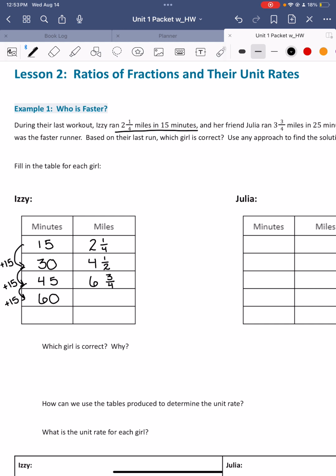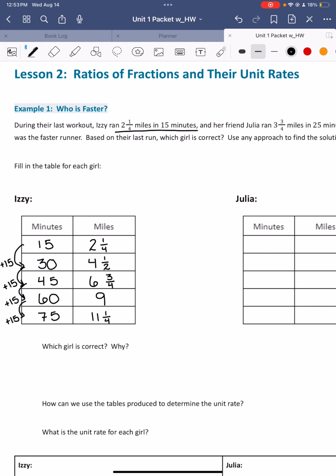When I add the miles, I will get that she ran 9 miles. And the last one that I'm going to do, I'm going to add another 15 minutes. So 60 plus 15 will give me 75 minutes. Then adding 2.25 to 9 gives me 11.25.